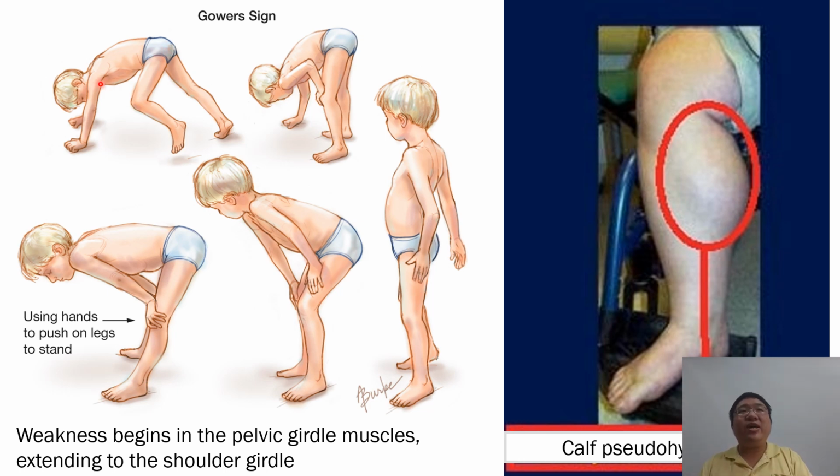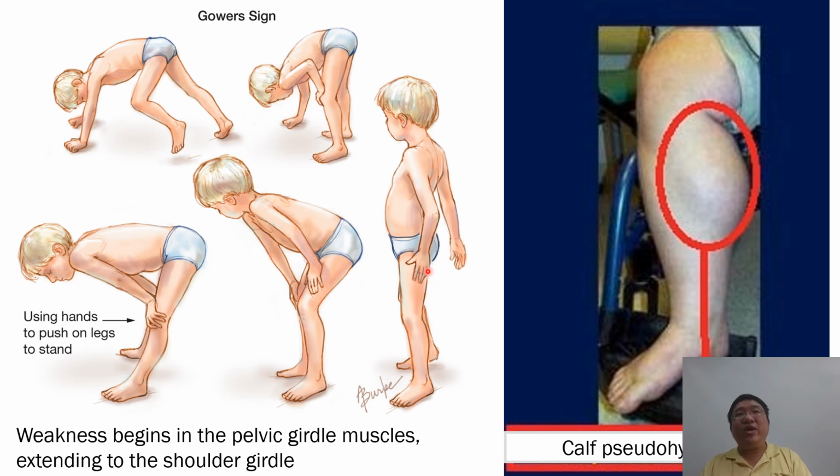So when we tell the child to get up, the child cannot stand up normally like we do. He has to use his hand, use his arm to hold the knee, and then push his body to stretch up.